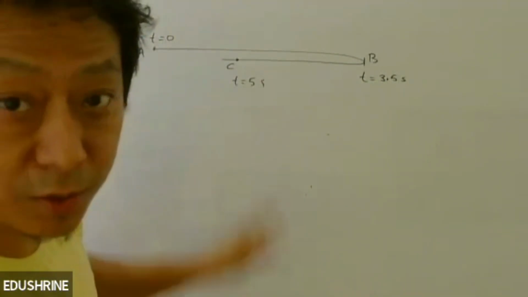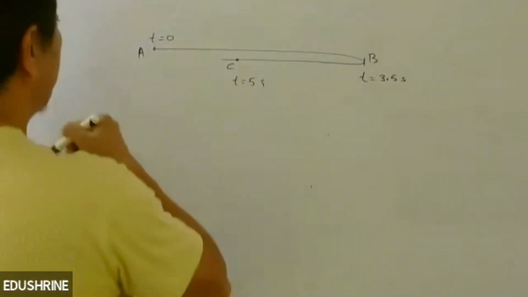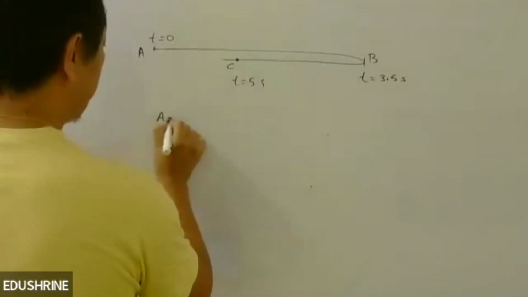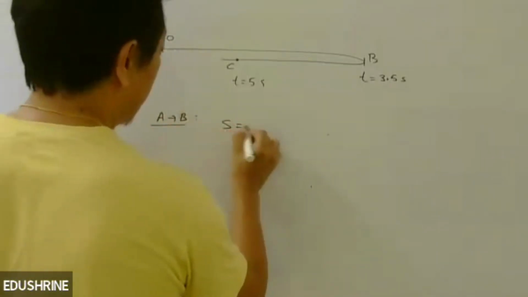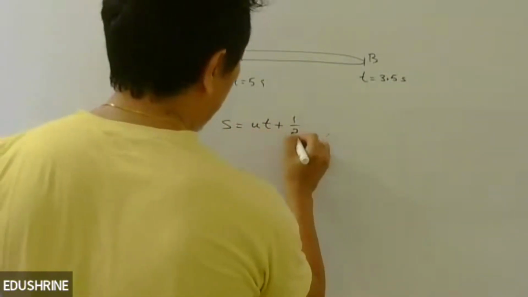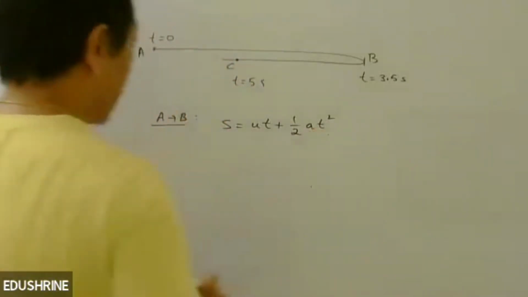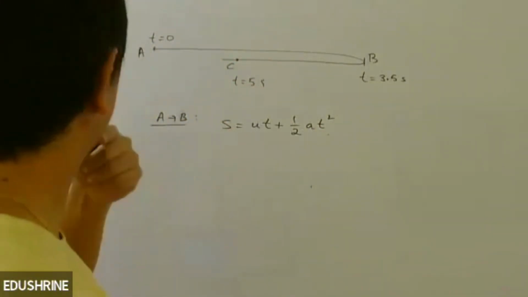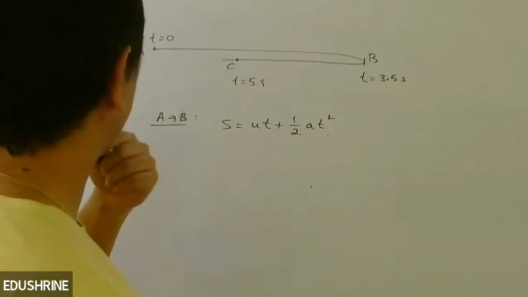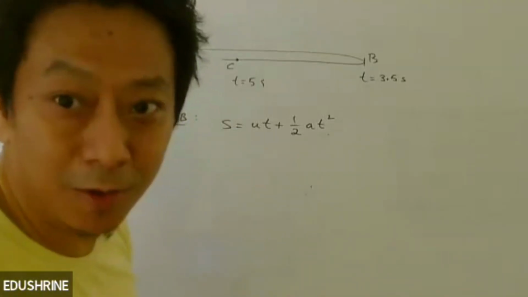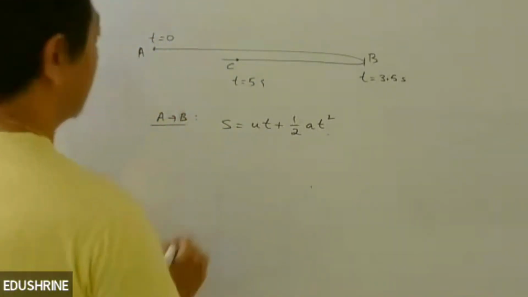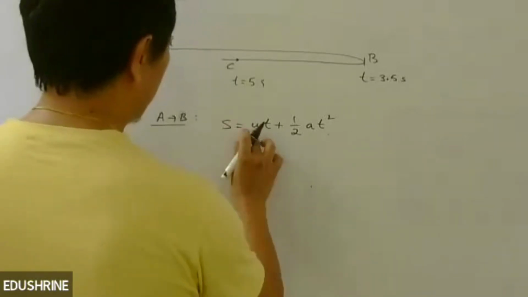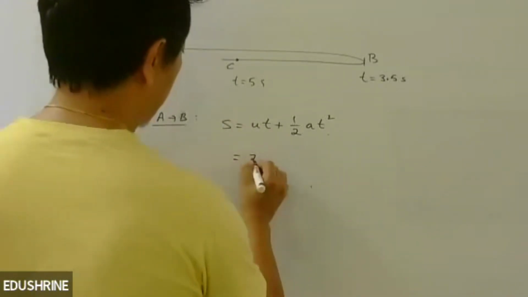So once we have broken this whole journey into two parts, let us call this A to B. A to B, let us use our equation S equal to ut plus half at square. Or shall we use the average velocity formula? No problem, this also will be okay. So u is 7.